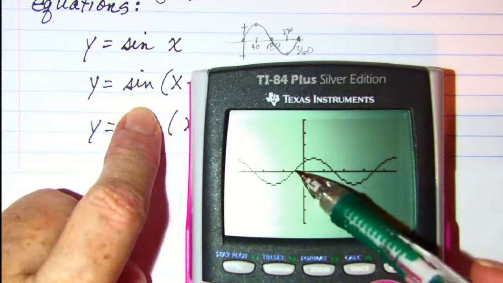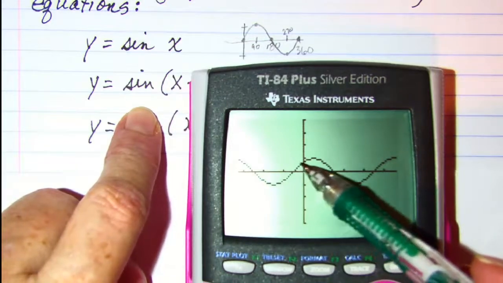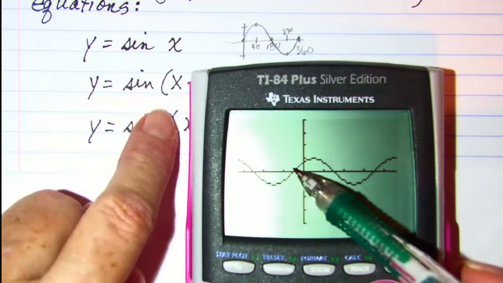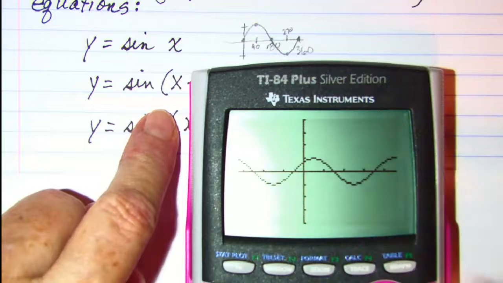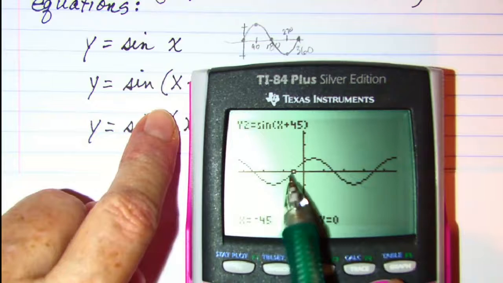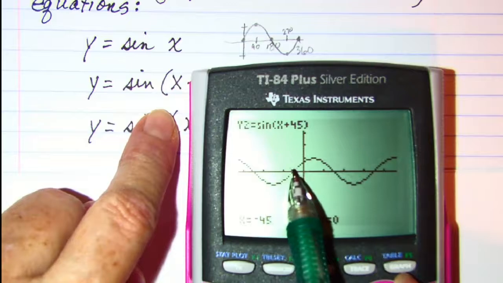So this starting point right here, where it starts heading upward, is at x equal -45. If we do a trace, you can see that we shifted our whole curve left 45 degrees.